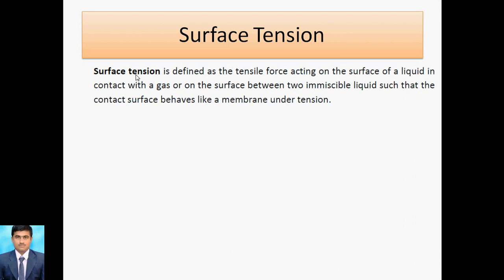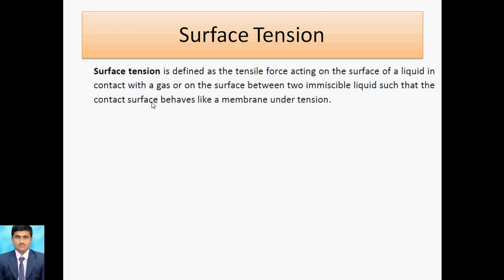A free surface occurs when the liquid contacts a gas or another liquid. If you consider oil with water, these are two immiscible liquids, and that time the surface tension phenomenon is there.